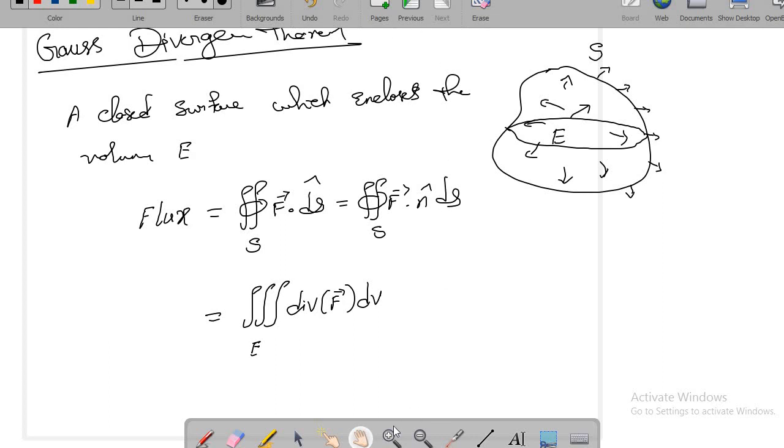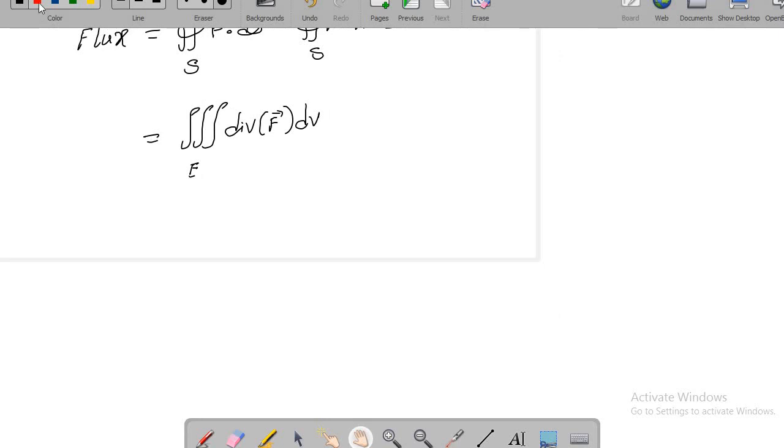For example, let's take this question. Let's say you are given F bar equal to xi minus 2yj plus 5zk. This is what F bar is.